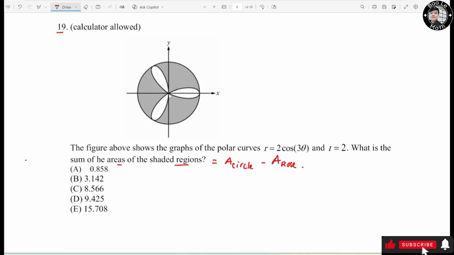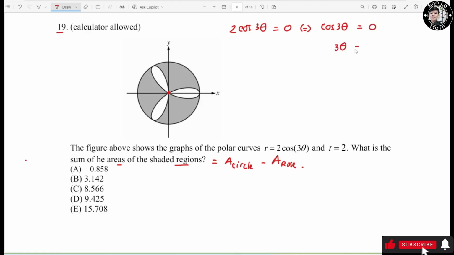Since the rose passes through the origin, which means the radius equals 0, right? So we're gonna let 2 cosine 3 theta equals 0. It's the same thing as cosine 3 theta equals 0, right?